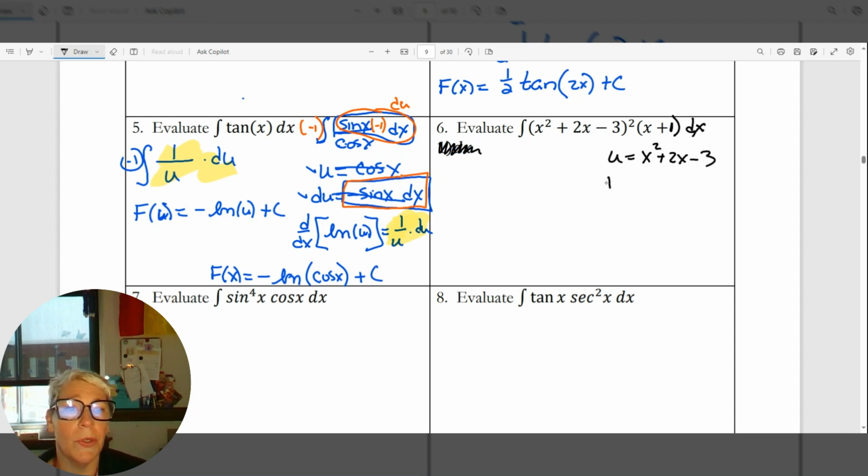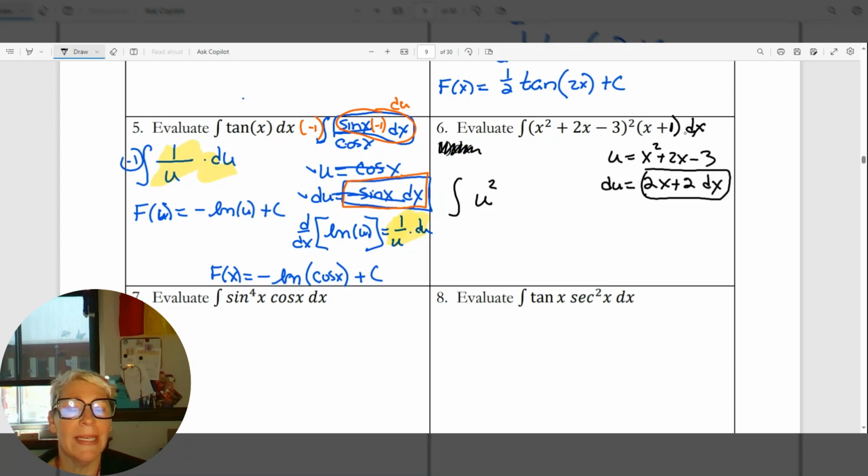Following the pattern we've been doing, I'm now going to find the derivative of that u. 2x plus 2 dx. Now, I want to put this all in terms of u and du. I can see I have u squared, and now I'm trying to find 2x plus 2 dx.